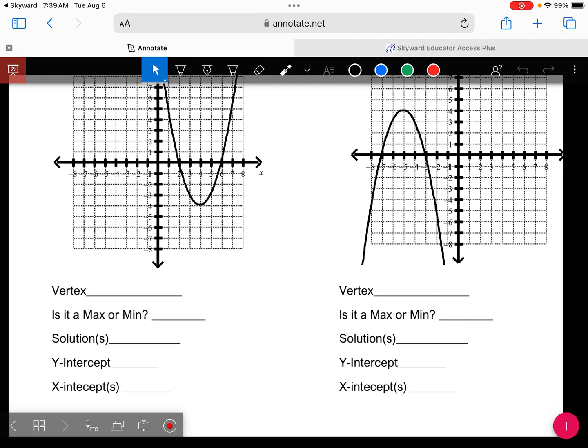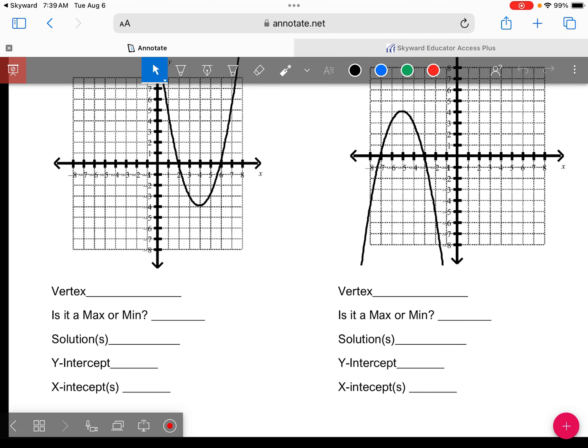All right, so let's look at this first one. Is this vertex a minimum or a maximum for this first graph? Minimum. So let's go ahead and write that in. This is a minimum. Go ahead and write the ordered pair for that point.